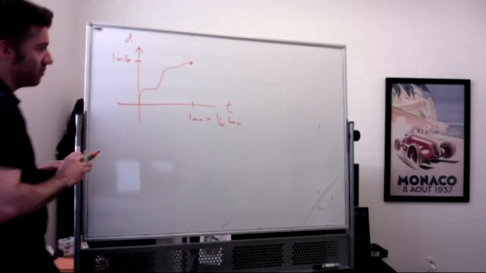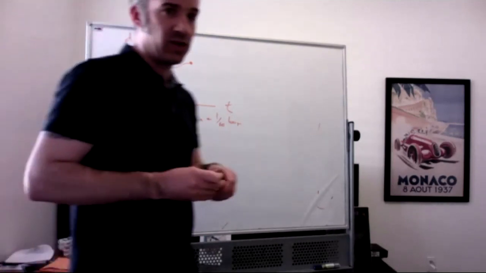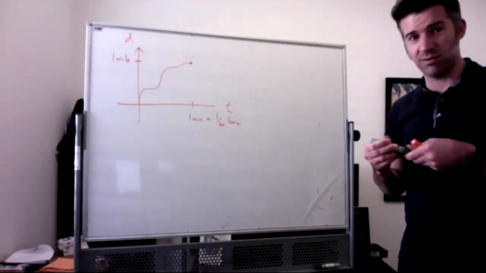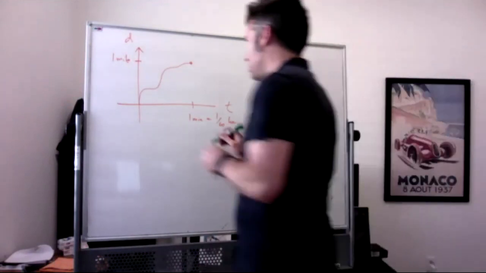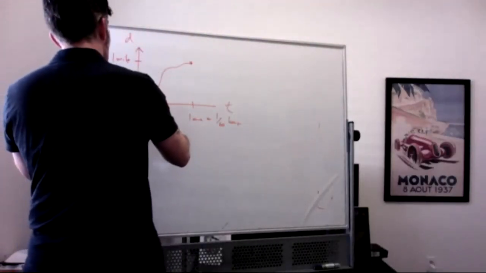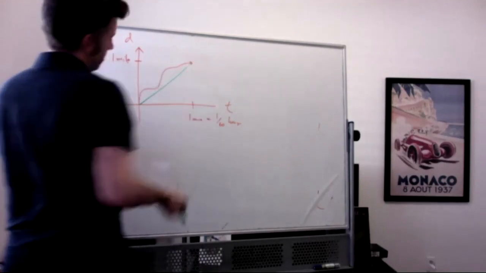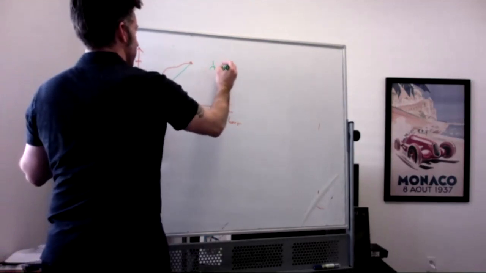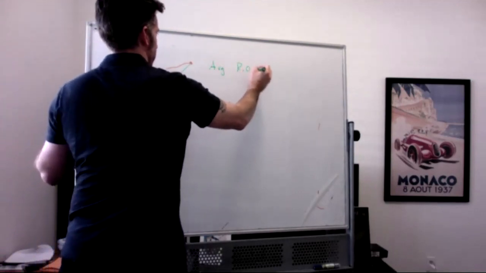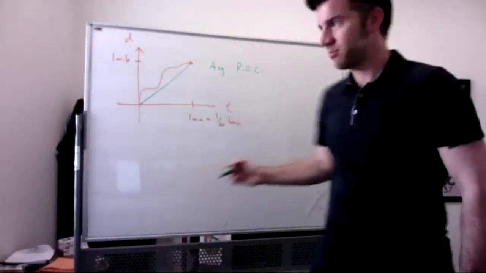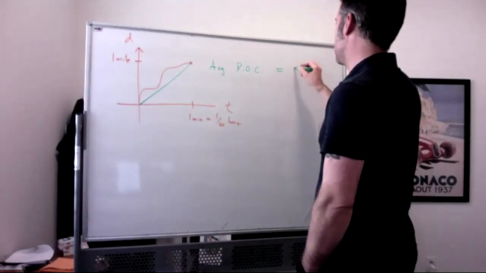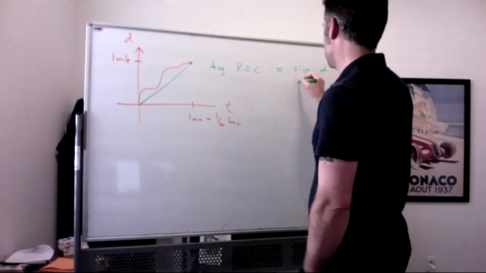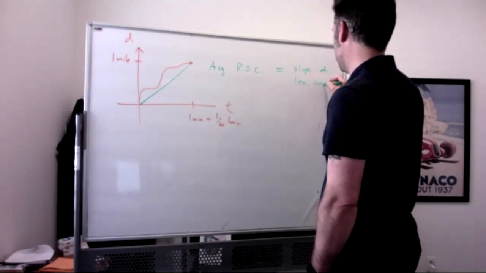So the question is, does my instantaneous rate of change ever have to equal my average rate of change? The answer is, certainly yes. My average rate of change is just equal to the slope of the line that connects the endpoints.